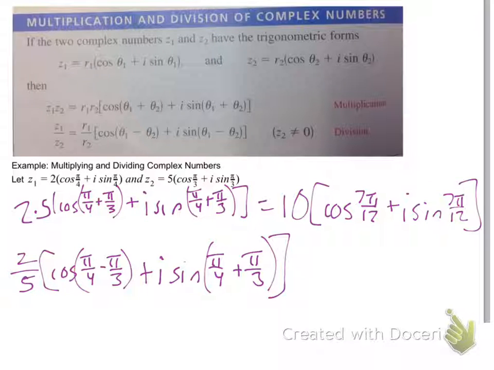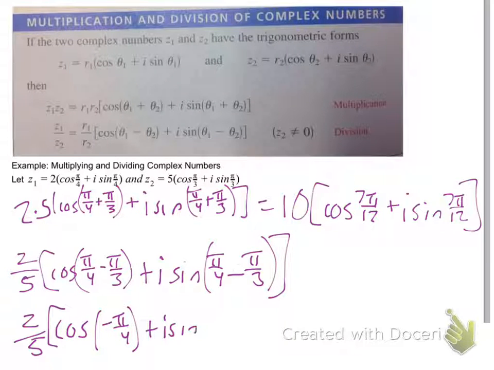It's a negative pi over 12, right? Oh, that second one's a minus. So negative pi over 12 plus i sine. You're right. Just seeing if you guys are paying attention, it's negative pi over 12.